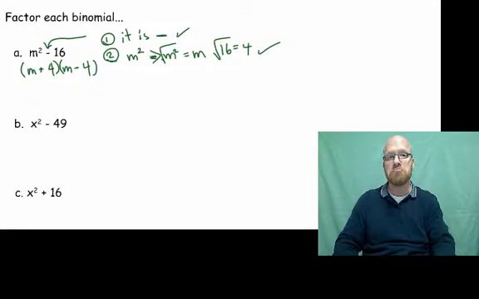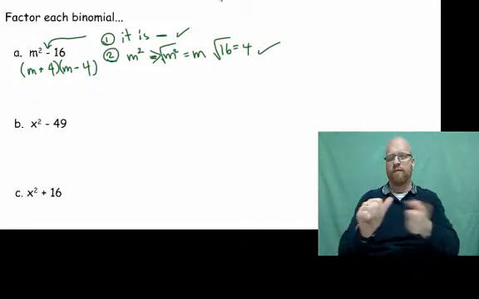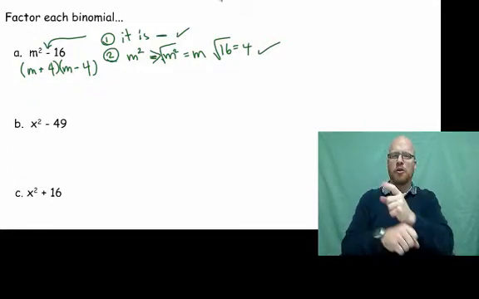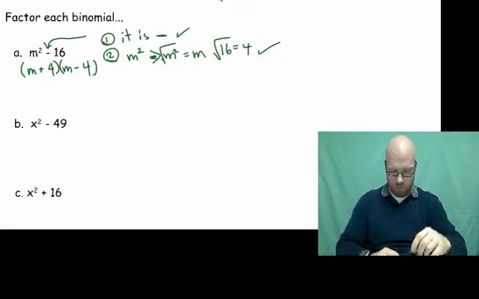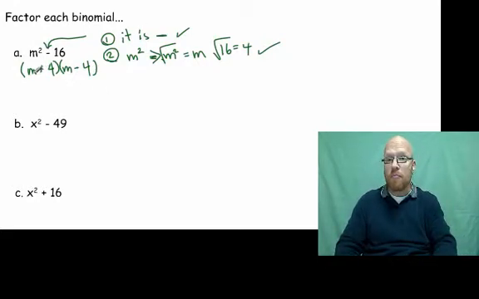Okay? We're going to go through and check the first one here, but not the next two, but you can check them on your own. So make sure we're correct.